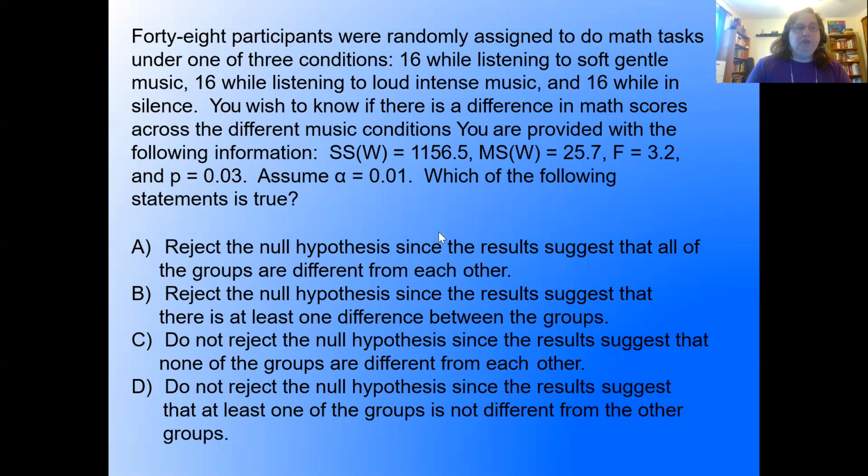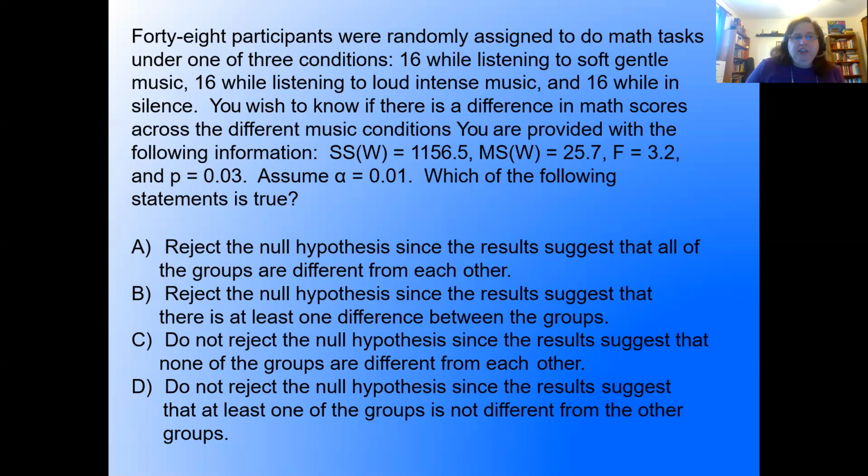The same way we always do. Our P has to be less than our alpha. So we ask ourselves, is 0.03 less than 0.01? Well, no. It's not. 0.03 is not less than 0.01. In fact, it's greater than 0.01. So we do not get to reject the null hypothesis. Why? Because the results suggest that none of the groups are different from each other.